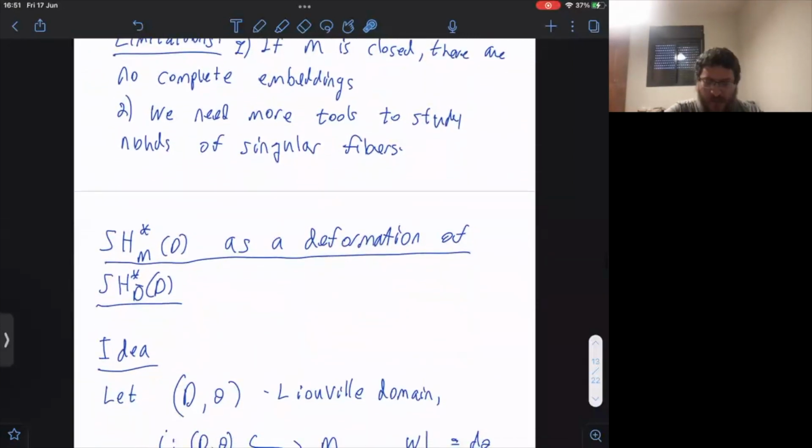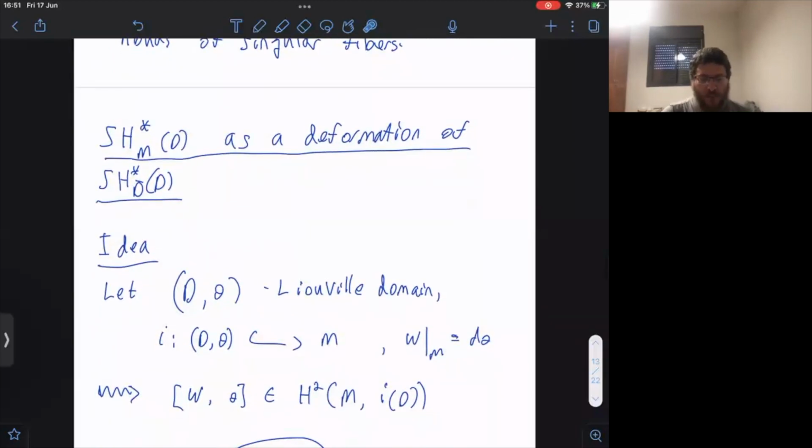I want to discuss a different kind of idea, which applies specifically when the thing you're embedding is a Liouville domain. So far we were just talking about a pair of geometrically bounded symplectic manifolds, and that was it. You didn't need any more than that because you had a complete embedding. But now we're going to talk about cases where the embedded space is not complete.